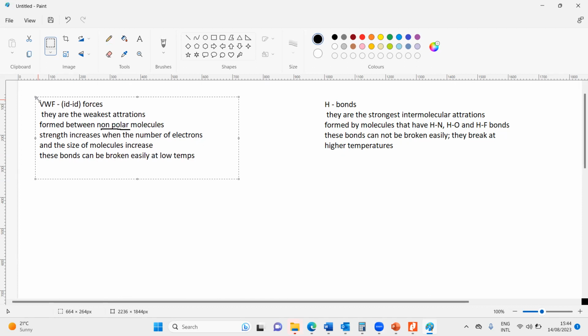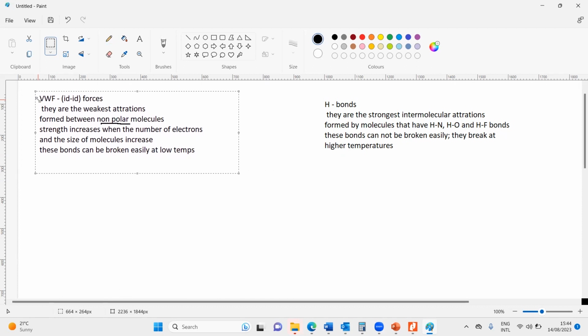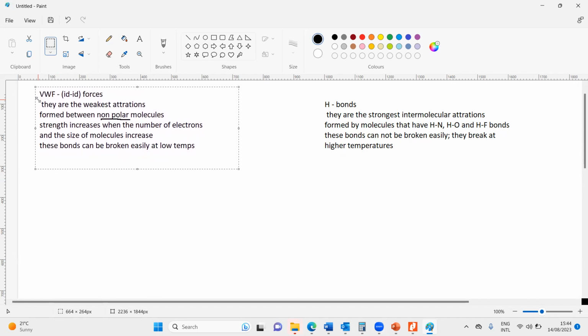Earlier, I told attractive forces are formed between molecules having some polarity. Now I'm telling that they are formed between molecules which do not show polarity. So I can explain it in this manner. I normally take 3 molecules for the explanation.